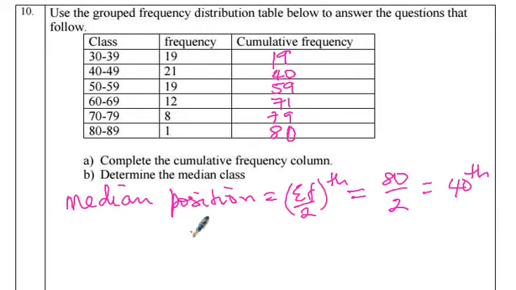And we are saying it is a position, it's not the median class yet. We are supposed to find that median class. So how do we now obtain the median class? Starting with this first class here, having 19 here means positions 1 up to the 19th position are occupied by values within this class. Remember, when we arrange data, we arrange from the smallest up to the largest.